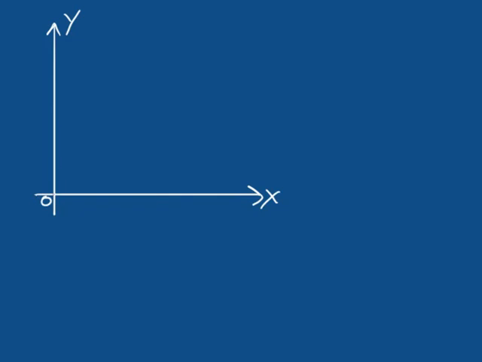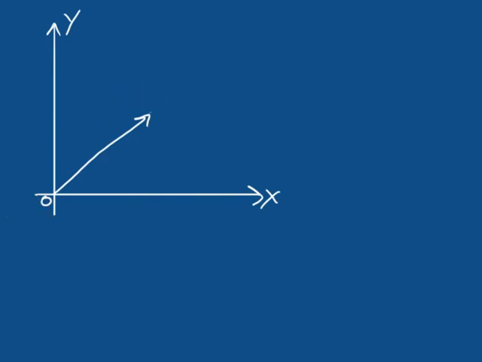So if we have a position vector, it's going to be locked in a certain position because it starts at the origin. And we know that because a vector will have a specific direction and a specific length as dictated by its components, a position vector is a very specific vector.